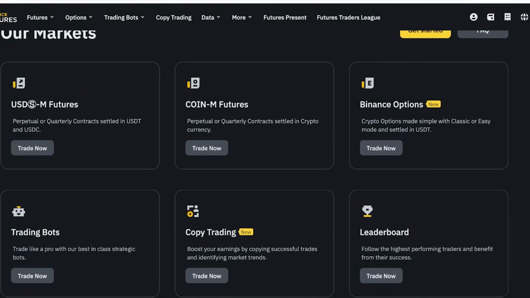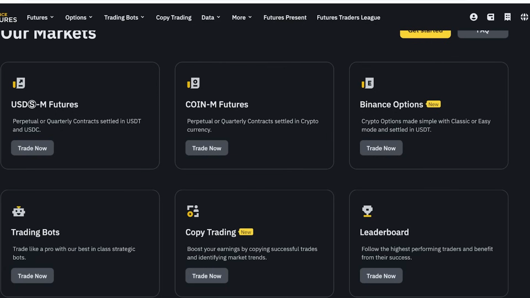So what is the difference between USD-M and Coin-M futures? Well, the first thing to know is that USD-M stands for US dollar stablecoin margin futures. As you can tell by the name, these futures are settled in a US dollar stablecoin, specifically on Binance, that's either USDT, which is Tether, or BUSD, which is the Binance US dollar.